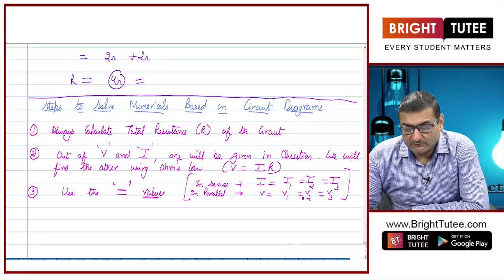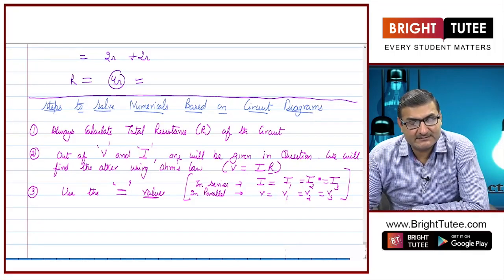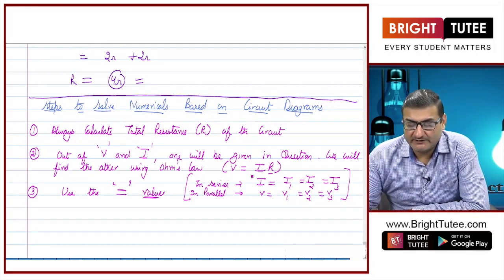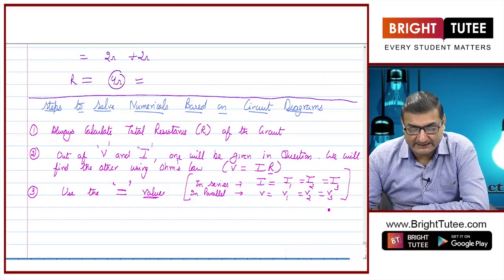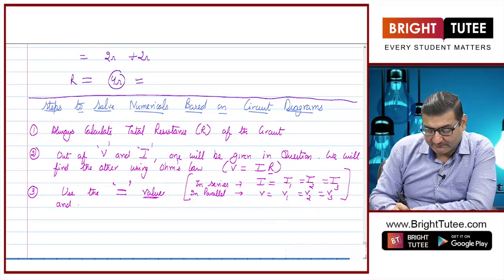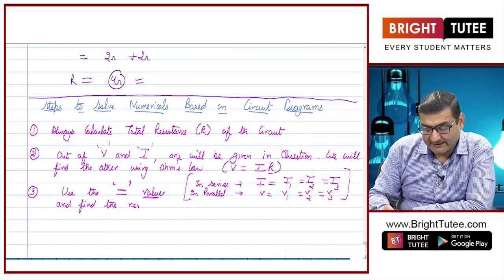Depending upon whether a series setup or a parallel combination is given to us, we will utilize this particular identity and use the equal-to value to find the remaining values.